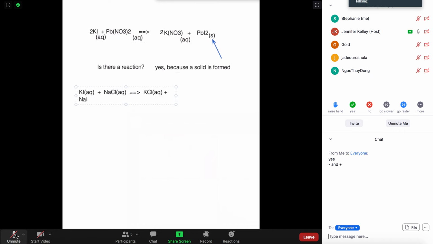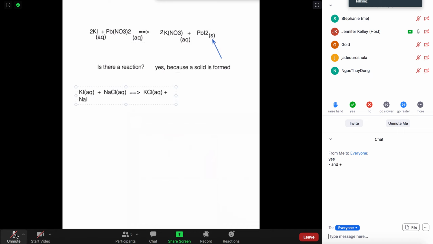All right, so if I hadn't told you what the products were, you could figure them out, because all I did was switch the potassium and the sodium. Then to figure out whether or not they're aqueous, you can look at the solubility chart and you'll see that sodium is always aqueous and so is potassium.